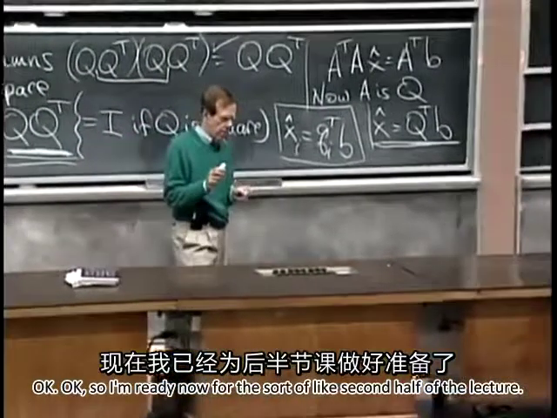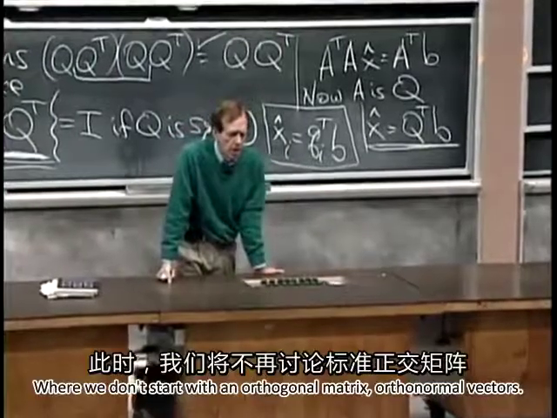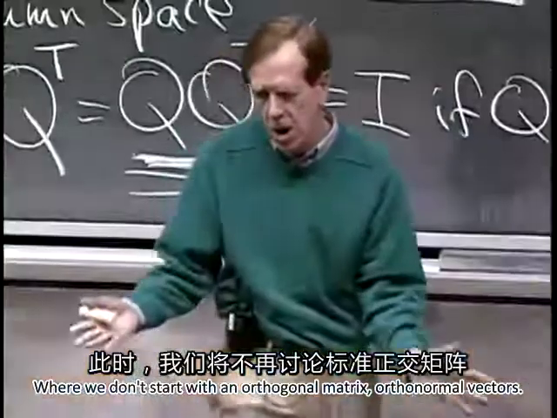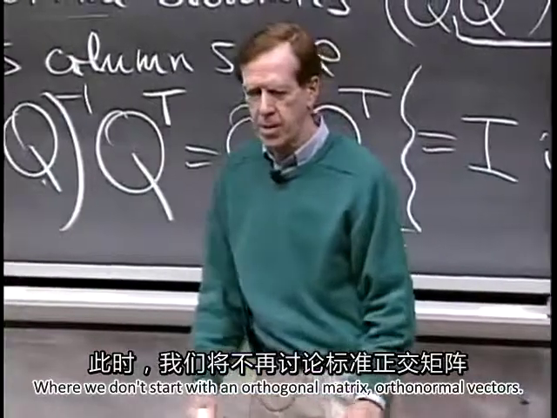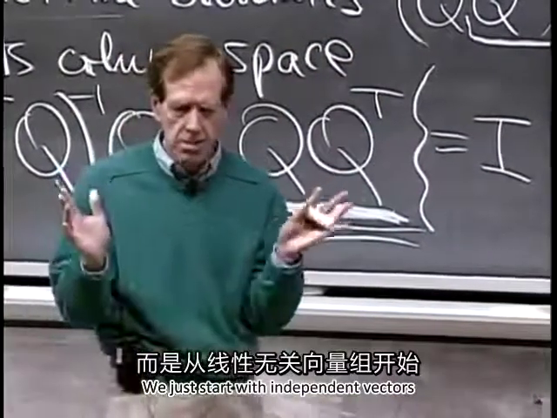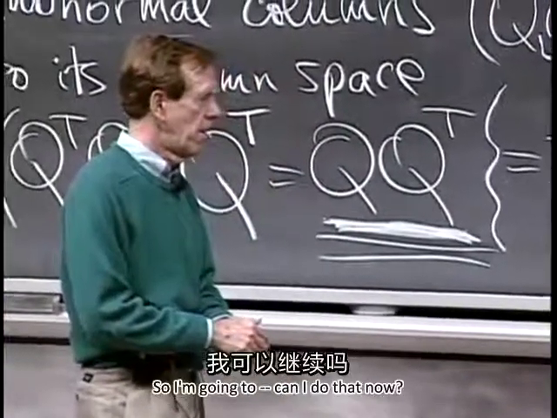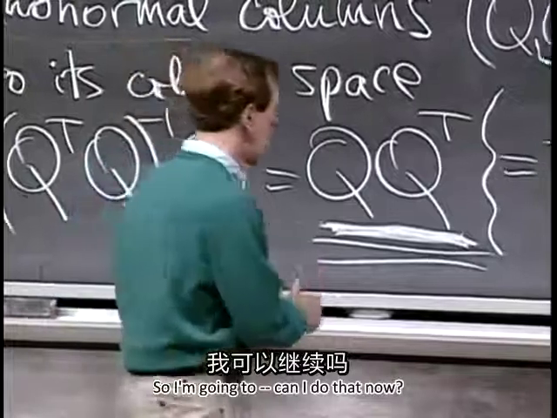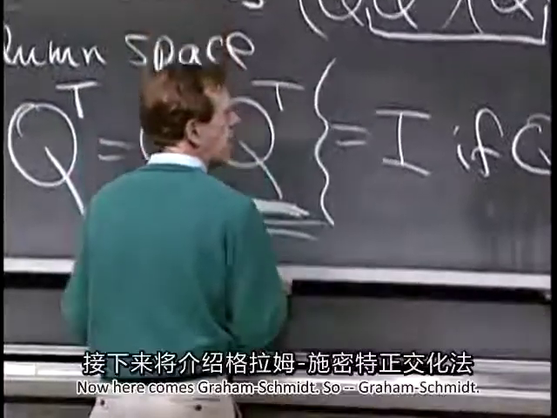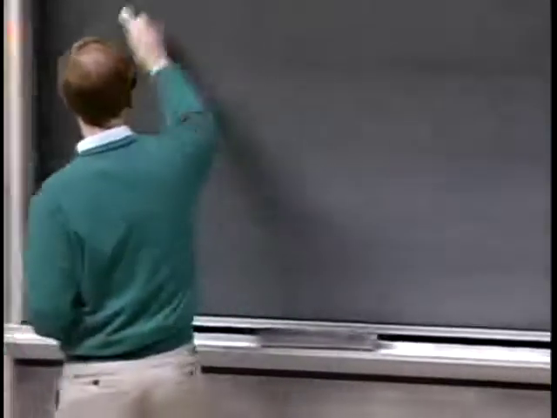I'm ready now for the second half of the lecture, where we don't start with an orthogonal matrix, orthonormal vectors. We just start with independent vectors and we want to make them orthonormal. So can I do that now? Now, here comes Gram-Schmidt.